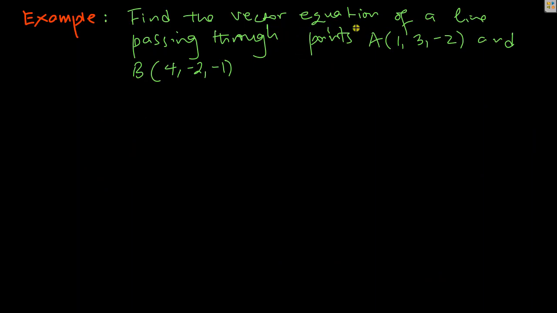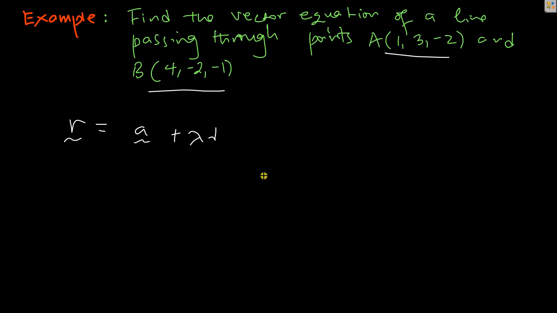We want to find the vector equation of a line passing through the points A and B as shown here. I'll just carry on from the previous derivation that the vector equation is given by a plus lambda d, where d is the directional vector.